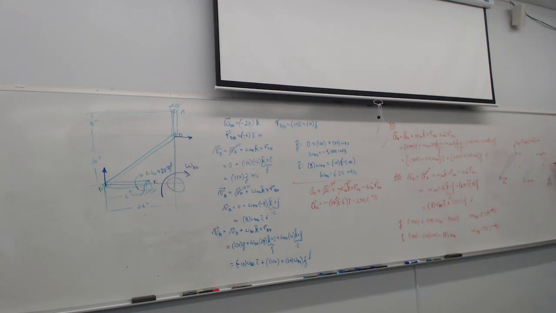Assume this alpha BD. We'll put this is the acceleration of B with respect to D in the normal direction. This is the acceleration of B with respect to D in the tangential direction.